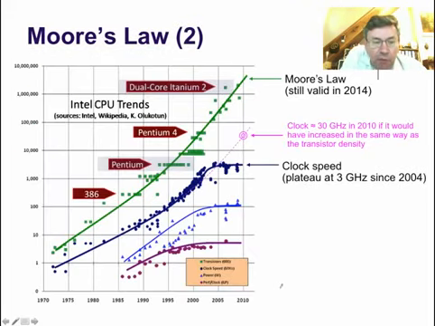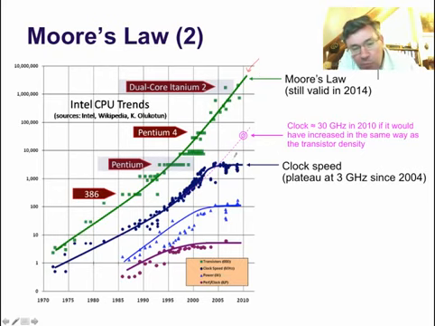So here's a graph. This graph comes from Intel, Wikipedia, and other sources on the internet. The green curve here is Moore's law. It's transistor density. So this gives me thousands of transistors. For example, in the year 2008, there were CPUs, chips with around 1 billion transistors. And this is still following Moore's law. The dark blue line here is clock speed.